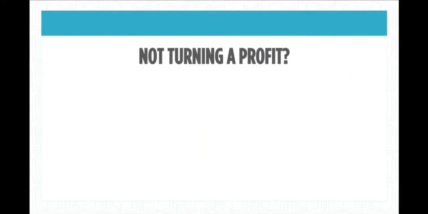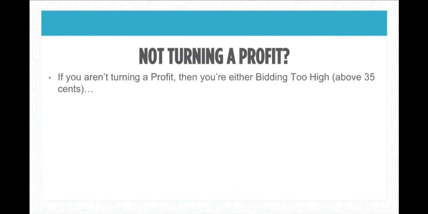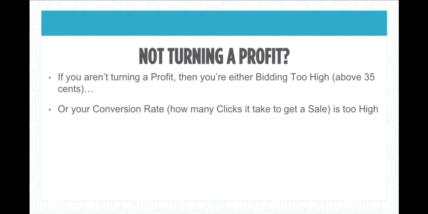Now, what if you're not turning a profit? I've already seen a few comments from some of you who've said you're not turning a profit. If you aren't, then you are either bidding too high, possibly above 35 cents, like we talk about in the challenge, or your conversion rate, how many clicks it takes to get to a sale, is too high.